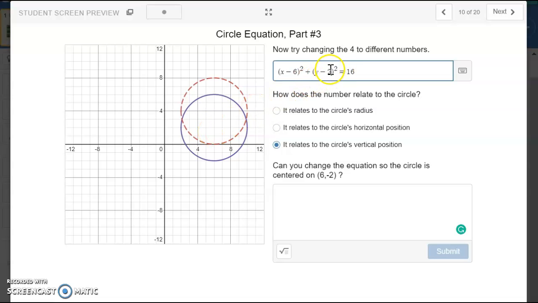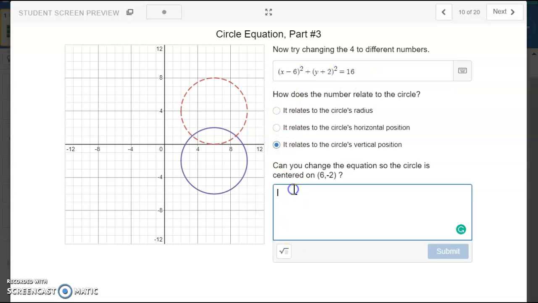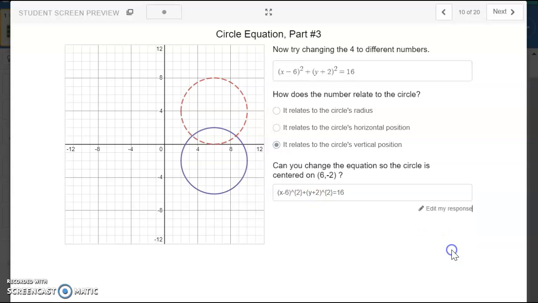So if I want it to be -2, which is really the same as +2, if I do the +2, that's going to be my equation.